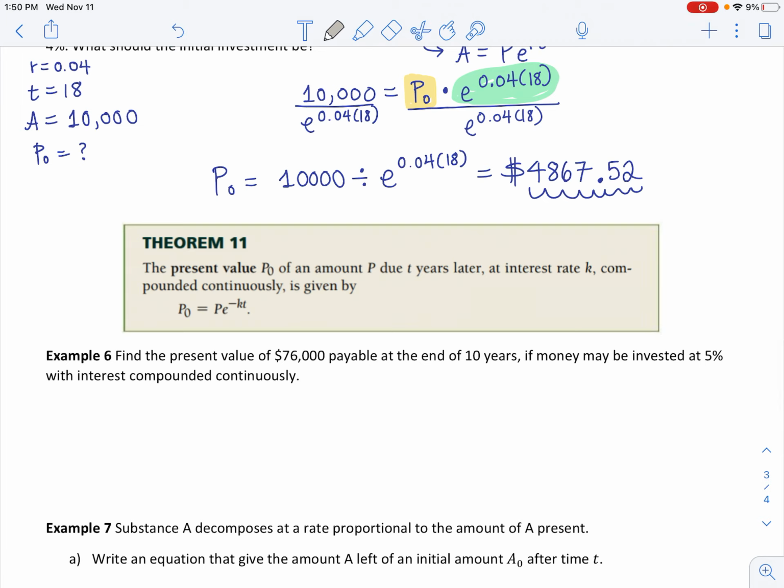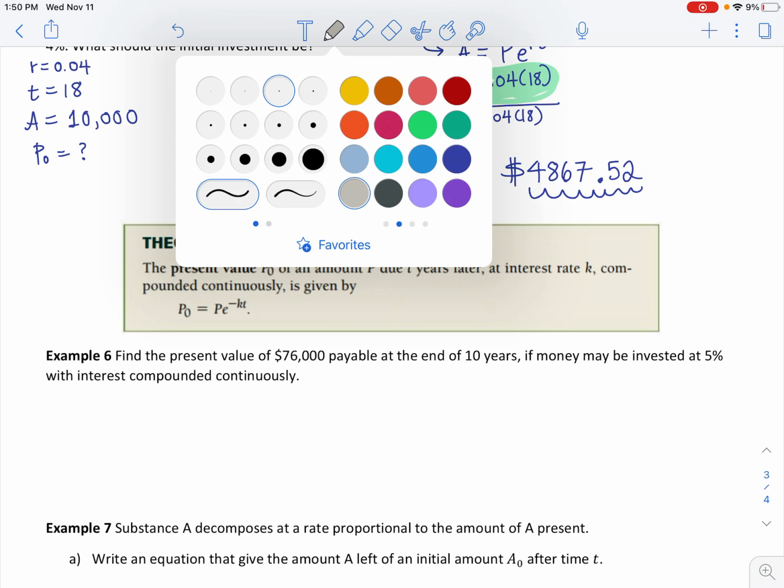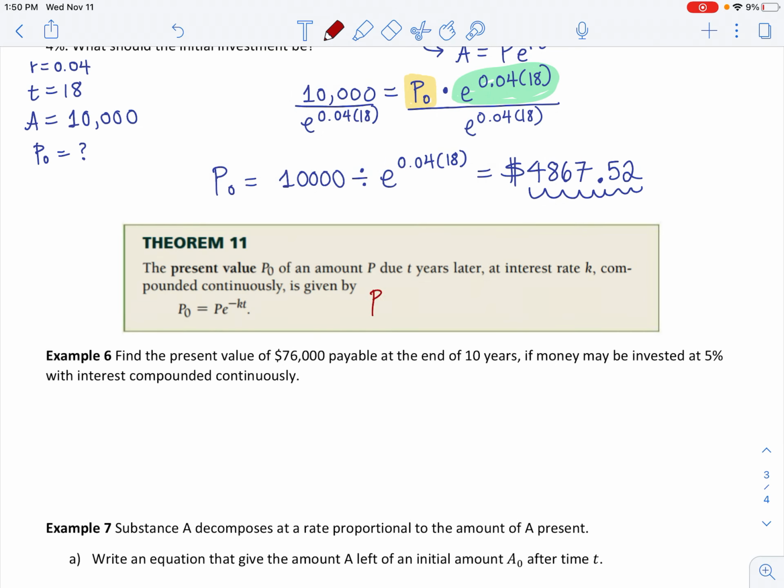All right, anyways, so here we have it. Well, this is super nice. They gave us a formula. The formula that I used was P naught equals the ending balance divided by e to the kt power.